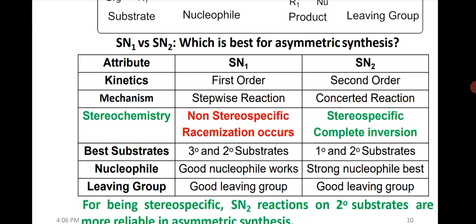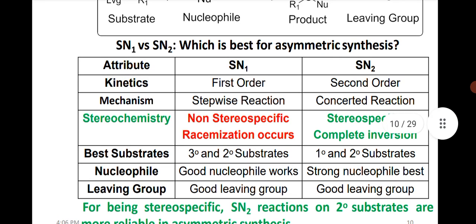I already mentioned that in the SN1 reaction we have the formation of carbocation in the first step. During the formation of carbocation, stability matters a lot. A tertiary carbocation is more stable as compared to secondary and primary.